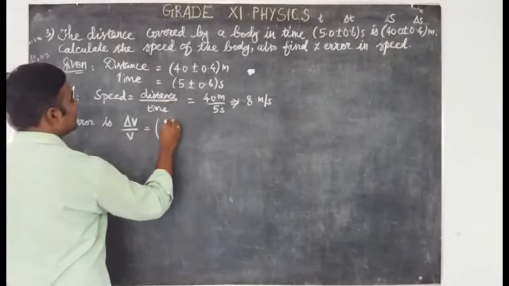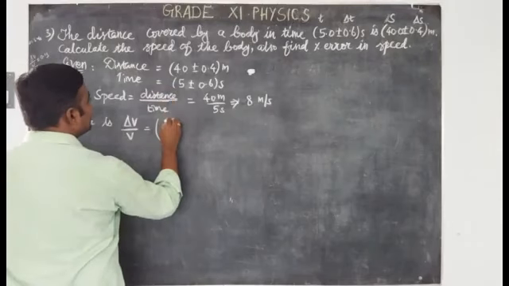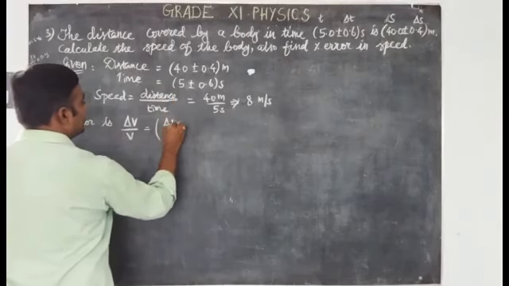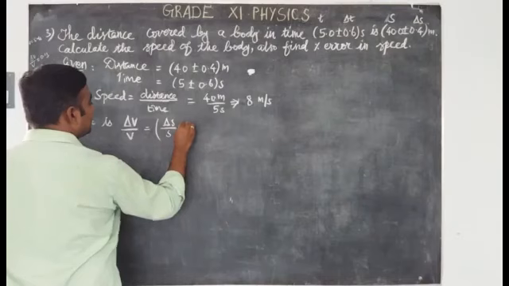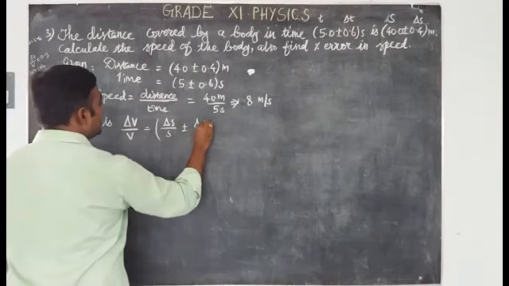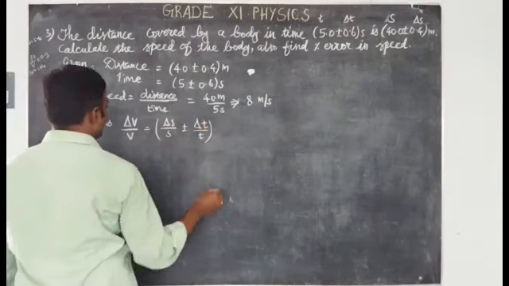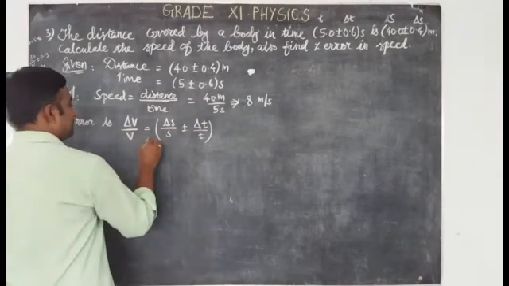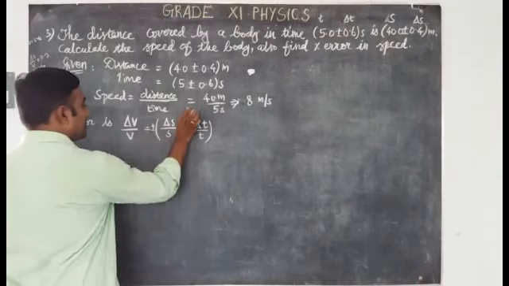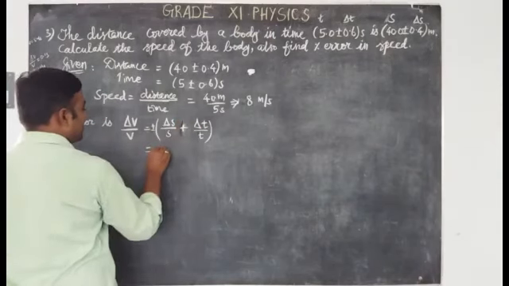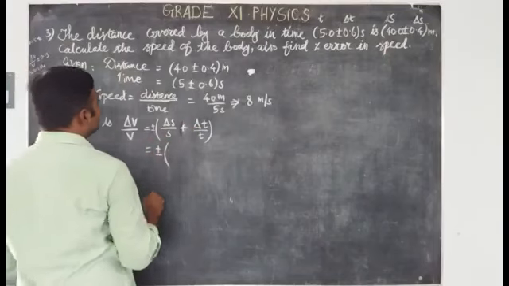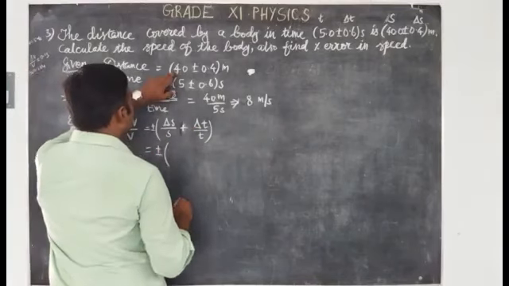The distance is, what is the distance? Delta S by S plus or minus delta T by T. So here it is plus, but plus or minus commonly we'll take it. So plus or minus delta S. What is the delta S? Distance.